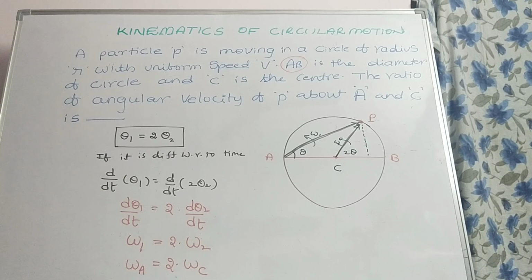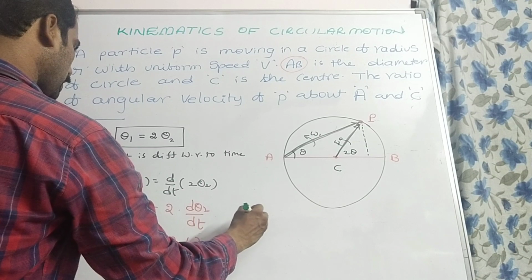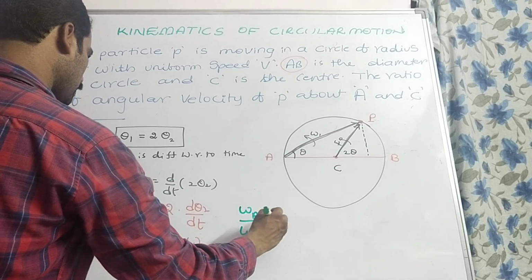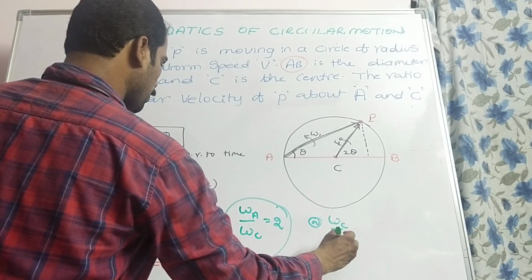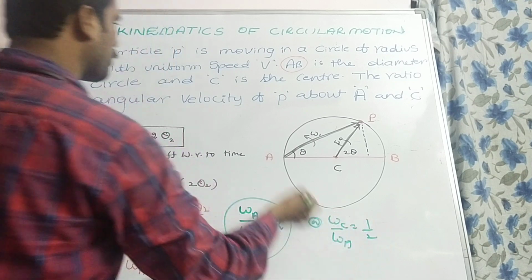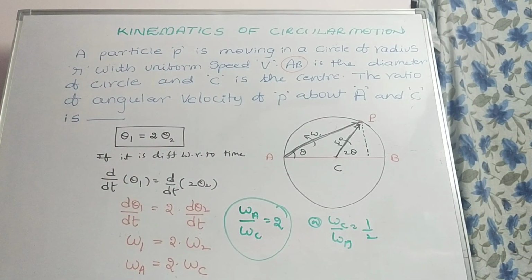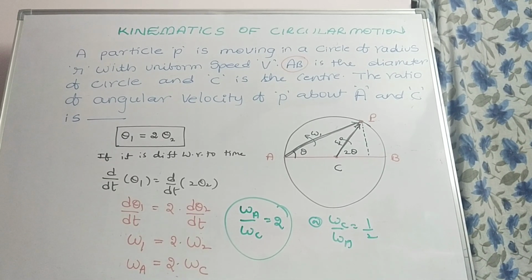Now omega A by omega c is equal to 2, or omega c by omega A is equal to 1 by 2. Here we have to find about A and C only.